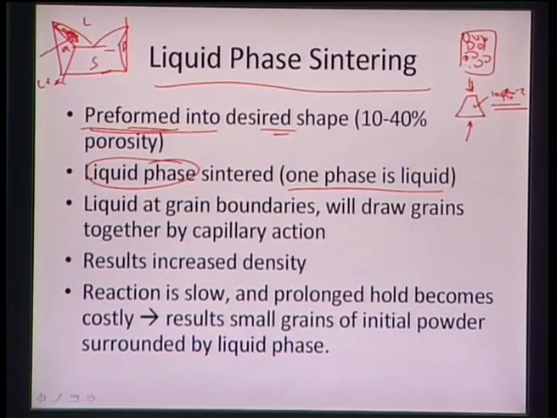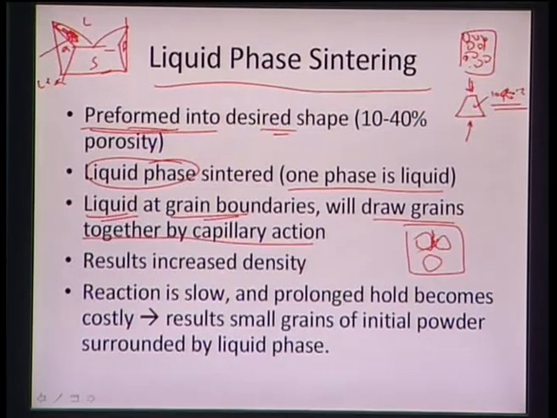So what is happening here is that we get all the particulates where one phase is liquid. That liquid will tend to go to the grain boundaries and it will draw the grains together by capillary action. So we have one grain, second grain, third grain like this, and everything else will be filled with liquid, and since liquid is filled all along the sides, it will tend to bring all the grains together.